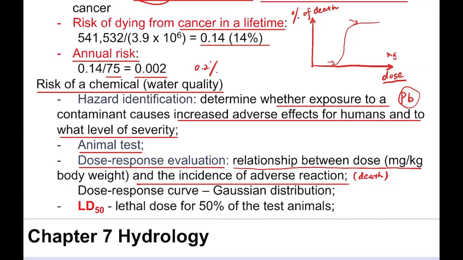It's shown as the mass divided by the body weight of the animal, mainly because smaller animals cannot ingest a large amount of these chemicals and larger animals can, because the chemicals get distributed within the whole body. So it's the mass of the chemical divided by the mass of the body weight.